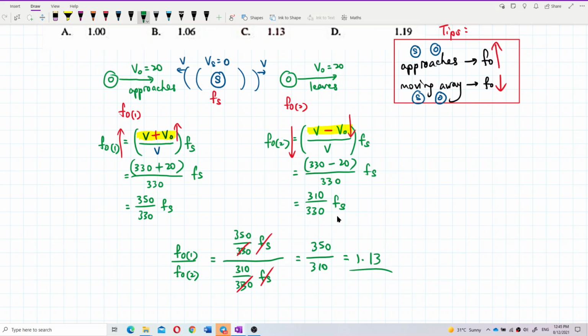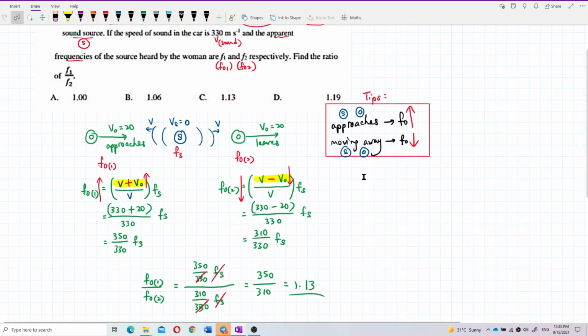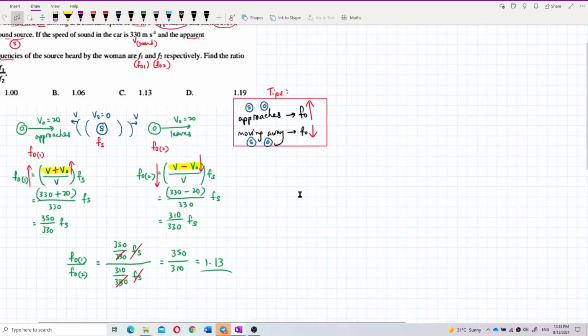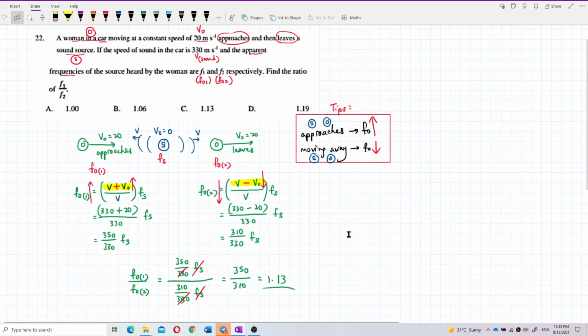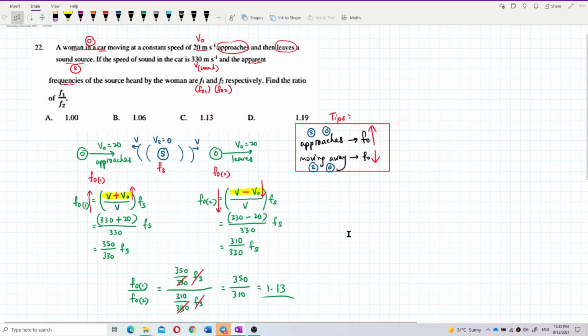That's it, 1.13. That's the answer. We got the answer already. So the answer is 1.13. Understand? That's it.